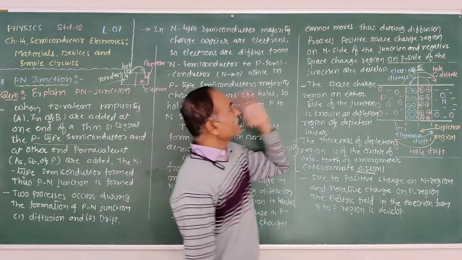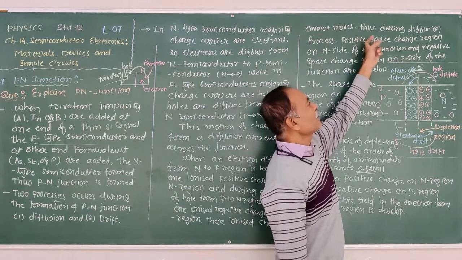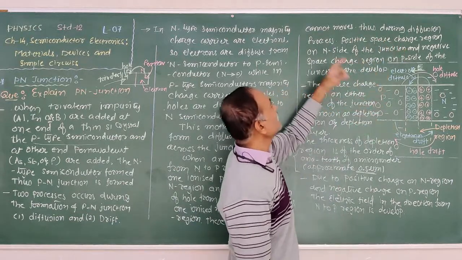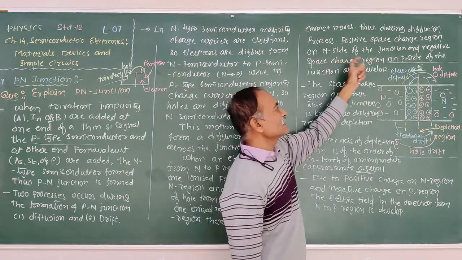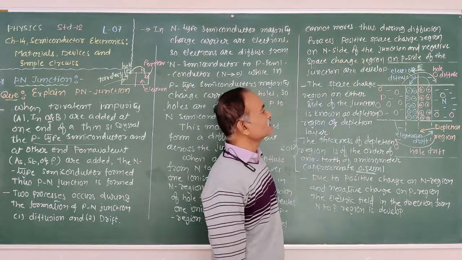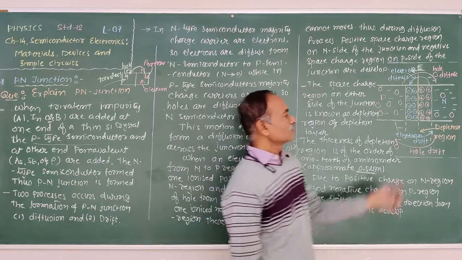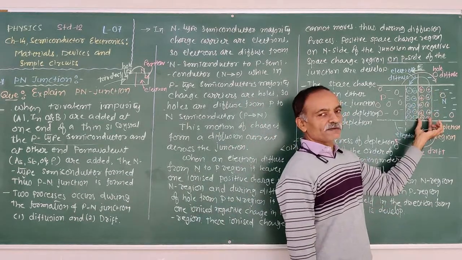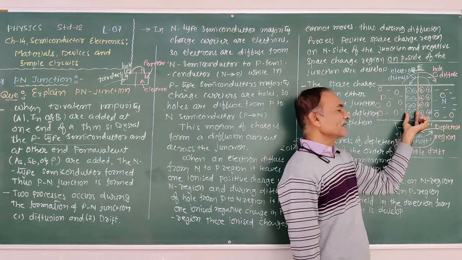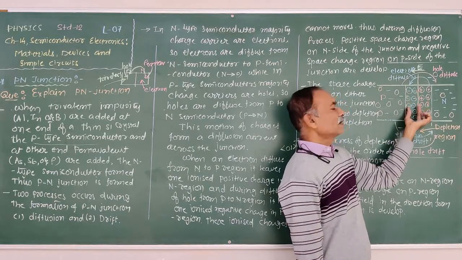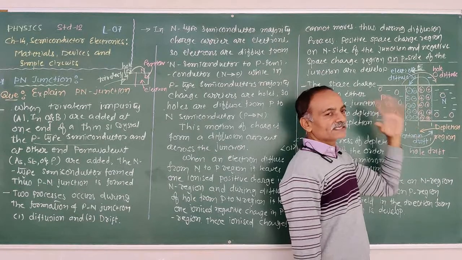Thus, during the diffusion process, a positive space charge region on the N side of the junction and a negative space charge region on the P side of the junction are developed.